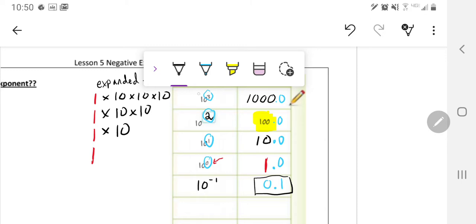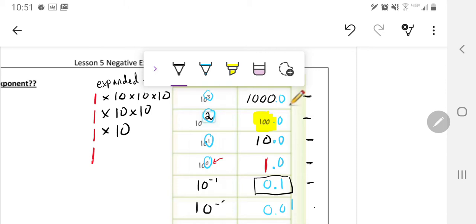All right, so look at the top here. We go 1,000, 100, 10, 1, and now we're on the other side. 1/10. Now let's do 100th. 0.01. Well, what would the exponent be for the 10?